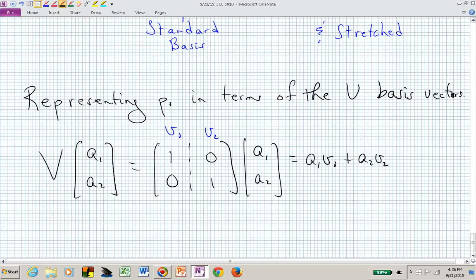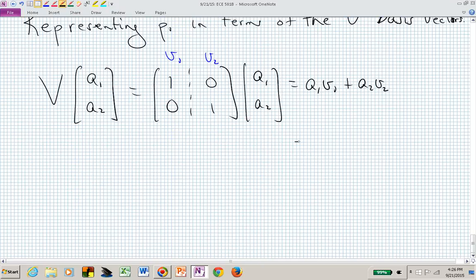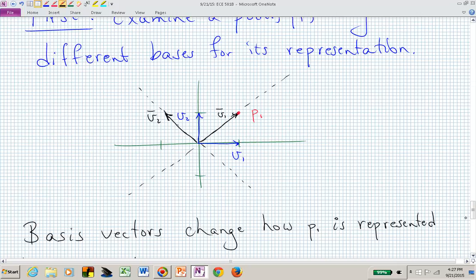Written out, that's A1 V1 plus A2 V2, or that's also A1 times 1, 0 plus A sub 2 times 0, 1. If that's the case, how are we going to represent P1 in terms of those two basis vectors? What are the values for A1 and A2 to get to that red point?